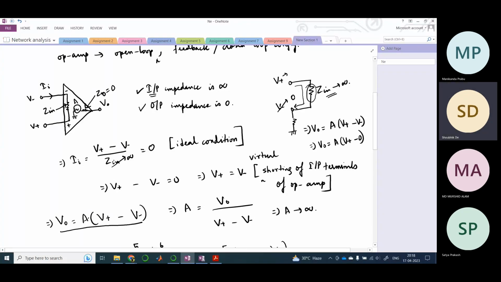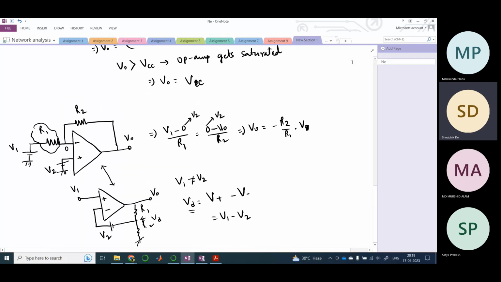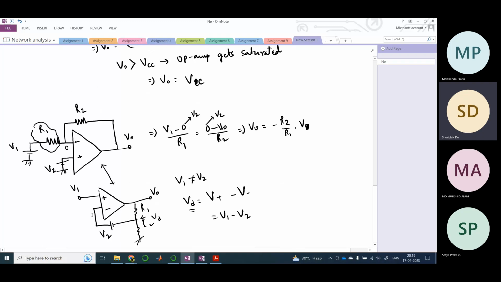That is why we talk about feedback paths. So if we connect a feedback path like this, and let's say this is grounded, there is no V2 here, so this is grounded.